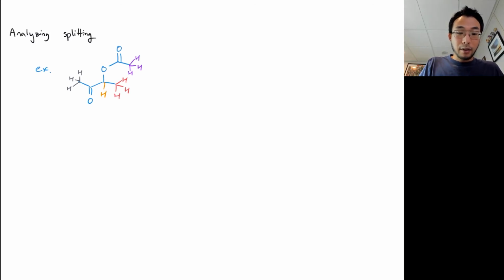And then the next thing we want to do is look for 3J or vicinal couplings that might be happening. If I look at the gray protons here, 1, 2, 3, this is an oxygen, not a hydrogen, so no coupling. 1, 2, 3, no hydrogens to couple with. So that tells me that these 3 hydrogens have no 3J couplings.